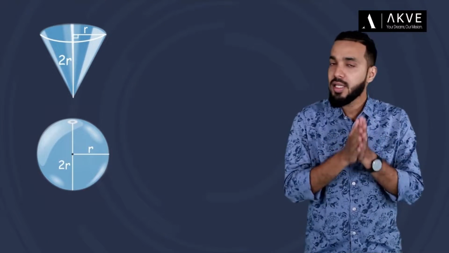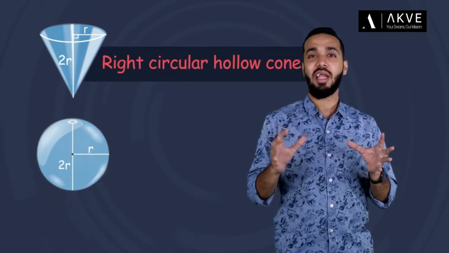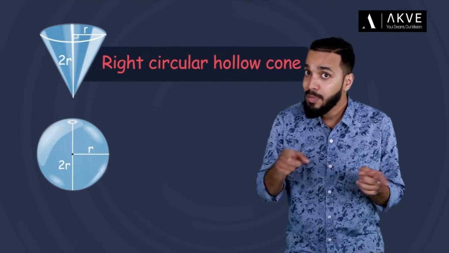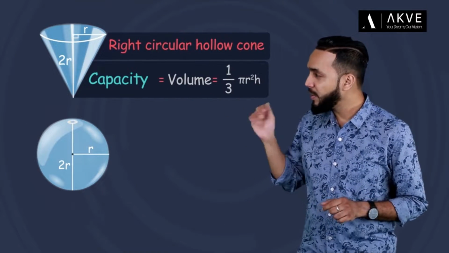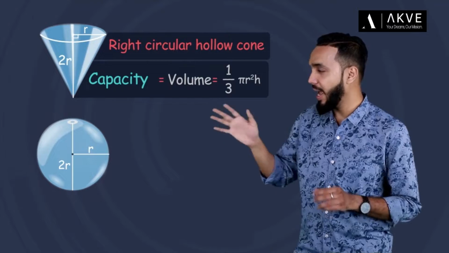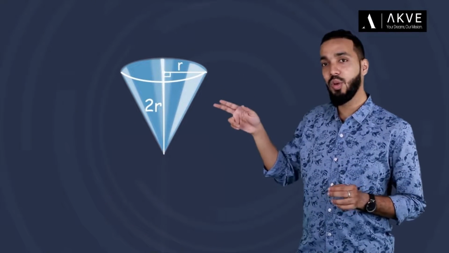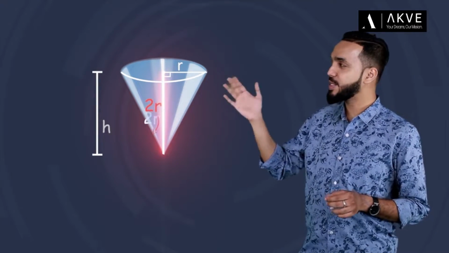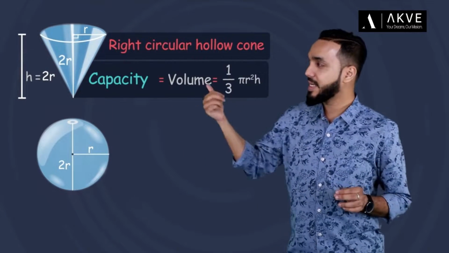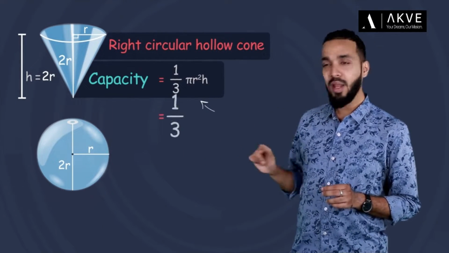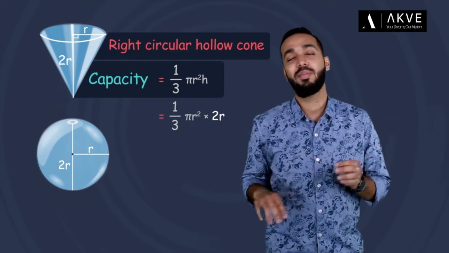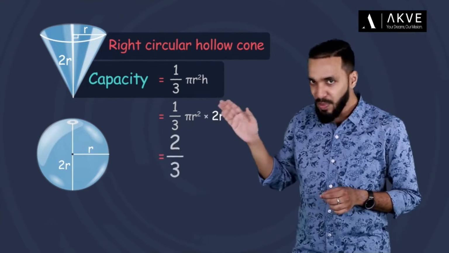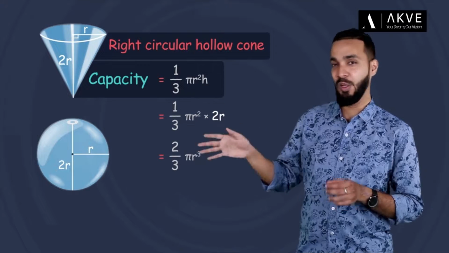Now, we have already studied that the capacity of a right circular hollow cone can be calculated using the same formula as its volume. That is 1/3 πr²h. Now, in this cone, the height h is 2r. So, its capacity is equal to 1/3 πr² × 2r, which on multiplication gives us 2/3 πr³.